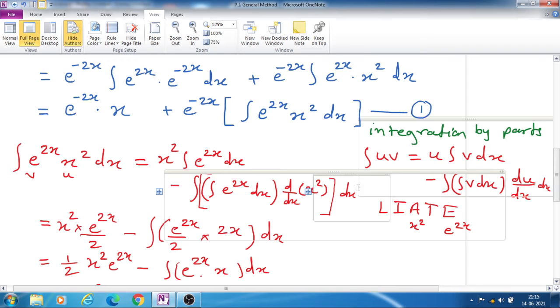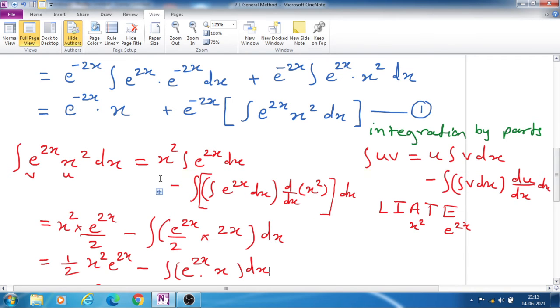So u into integral v dx, therefore x square into integral e raised to 2x dx, minus integral of integral v dx, integral e raised to 2x dx, into d by dx of u. Here u is equal to x square, so d by dx of x square.